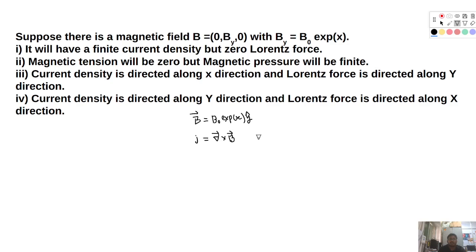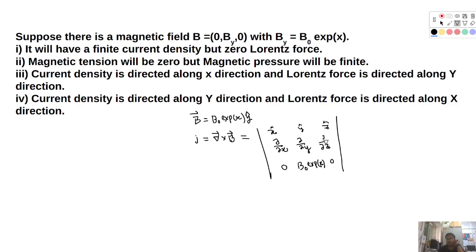Fine. So if we do this, you will have x, y, z, and then del x, del y, del z, and then you have 0, B naught exponential x, and then this is 0. So if we look at x cap, you will have this one 0, this one 0, so that will not have any contribution.